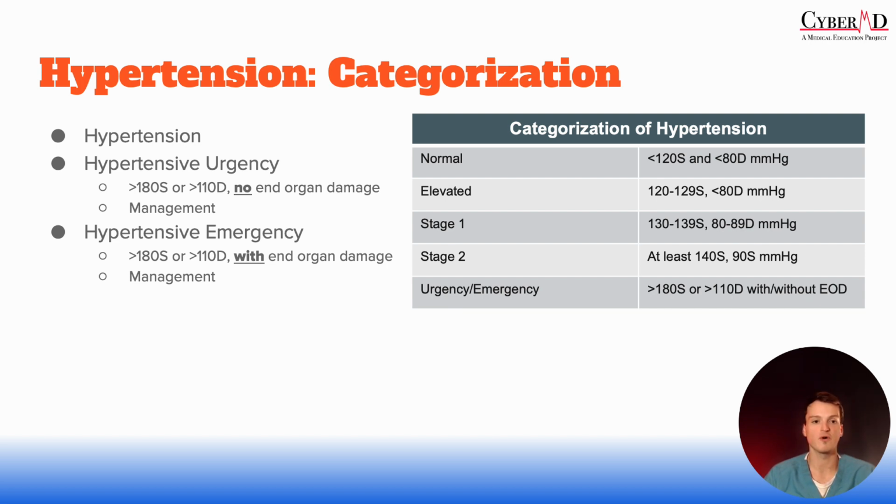The primary goal here is to lower blood pressure gradually over hours to days, and that can typically be achieved with oral antihypertensive medications. And so it's important to avoid overly or rapidly reducing the blood pressure in patients with hypertensive urgency, and that's going to prevent ischemic complications.